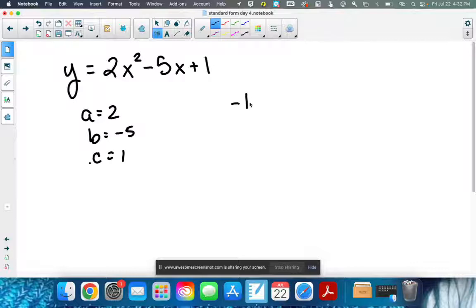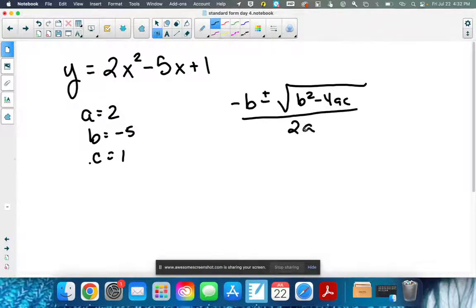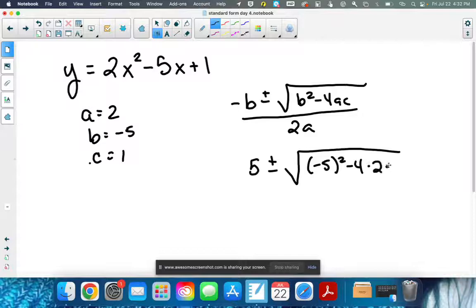All right, so again, just to remind you to make sure that you're putting in just the coefficients and that you are actually substituting it in correctly. So negative b would be 5 because we changed the sign. All right, and then negative 5 squared minus 4 times 2 times 1, all divided by 2 times 2.